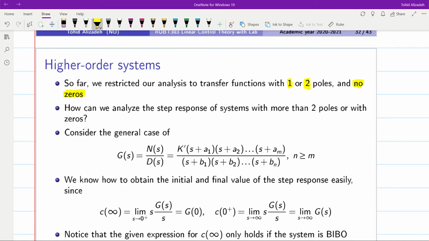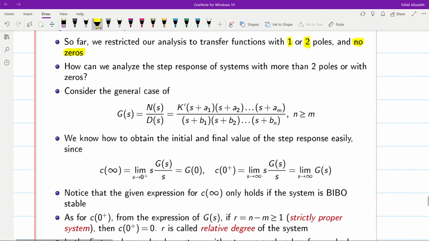So if we consider the general case of a system in the transfer function form, G of s, as a numerator over a denominator, we assume that there are n number of poles, as you can see here, and m number of zeros.